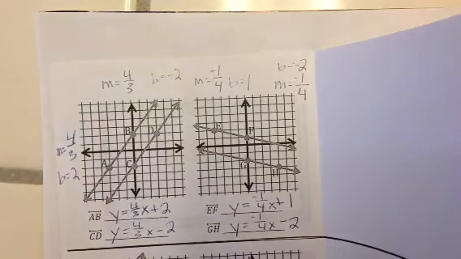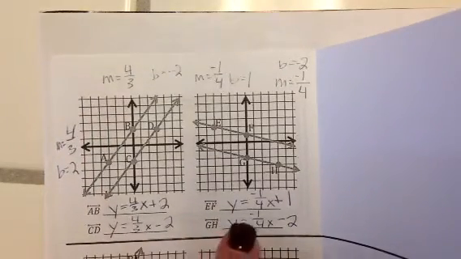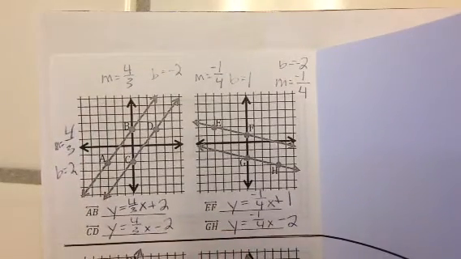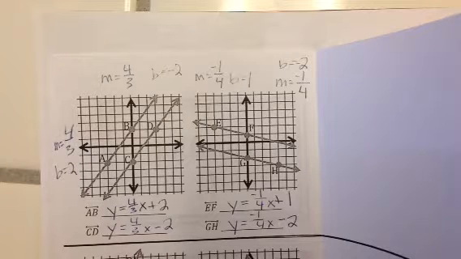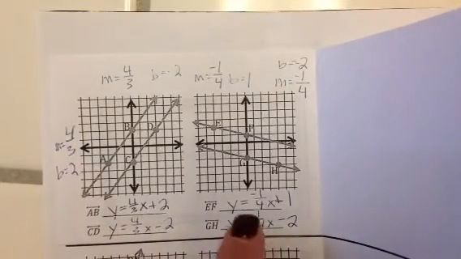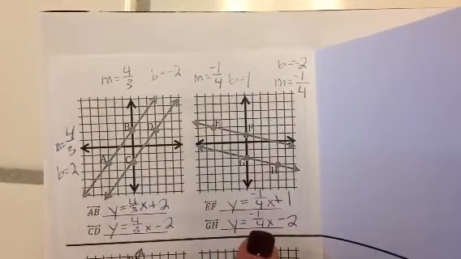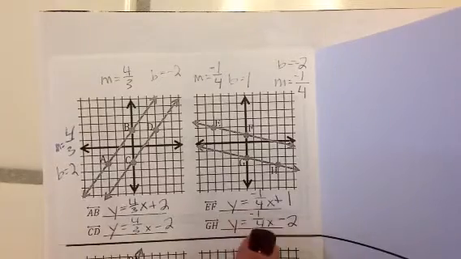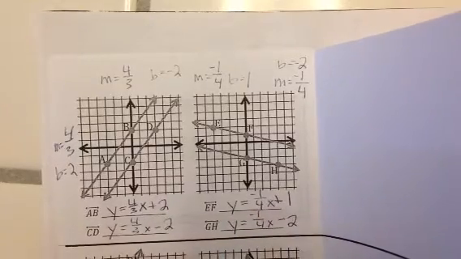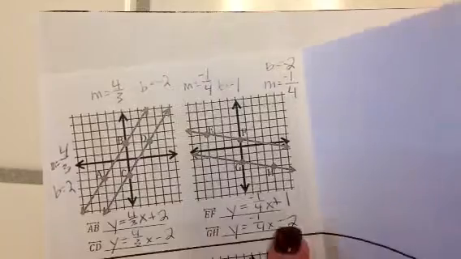Are there any other patterns you can see with these two equations? So you should be able to see that they both have, again, the same slope. E and F are both -1/4, but they have different y-intercepts. This one's 1, this one's -2.